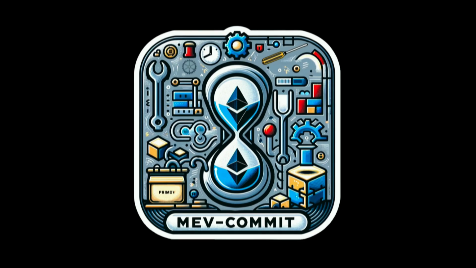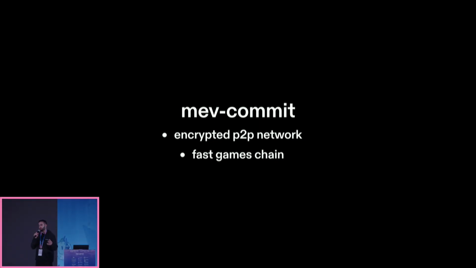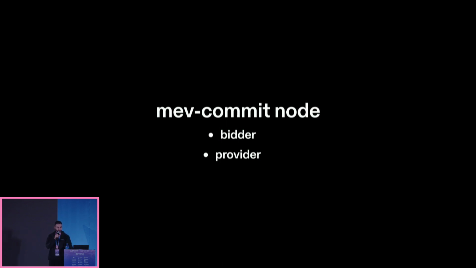And this is the first time such a chain or concept is introduced to Ethereum, so we're very excited about what that can bring. Now, we have two things, as I said, but one caveat is that it's an encrypted P2P network, because you don't want to be leaking information about what is being pre-confirmed, because that can change all sorts of auction dynamics when it comes to MEV. So it has privacy built into this P2P, and then it also has this fast games chain, as I just mentioned.